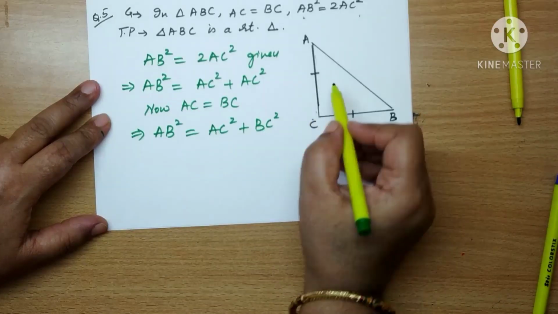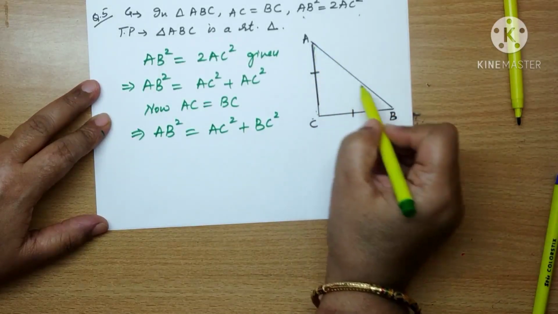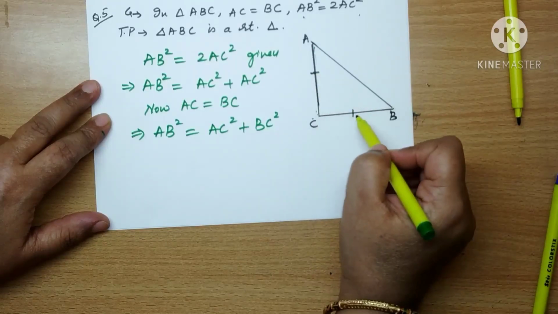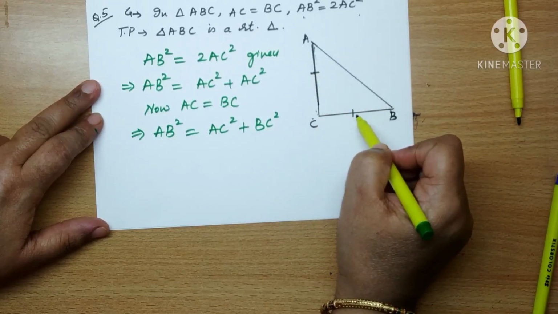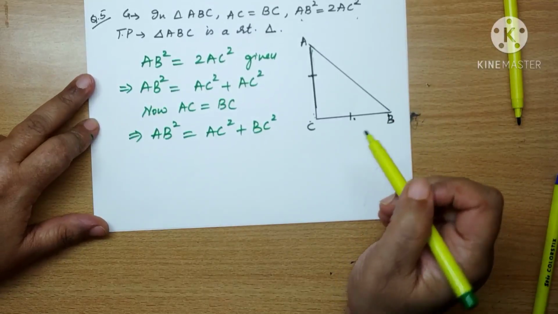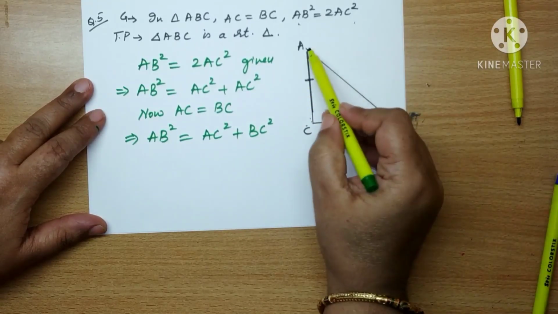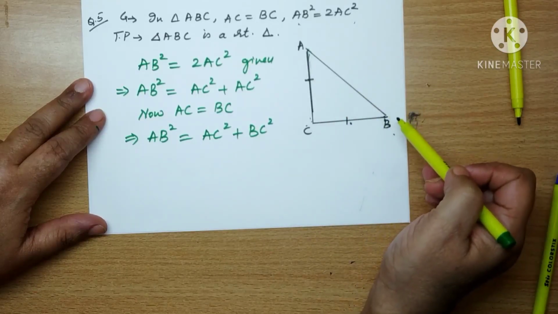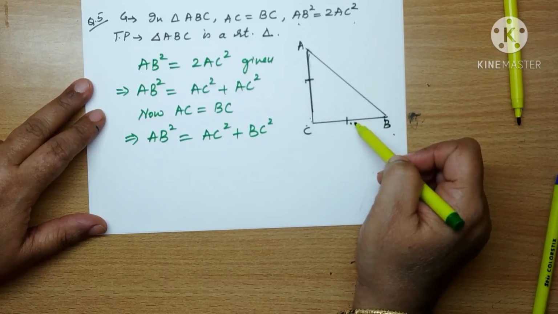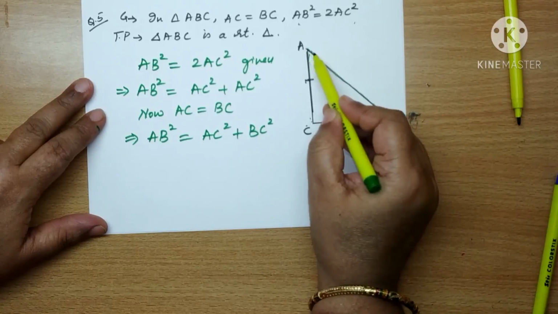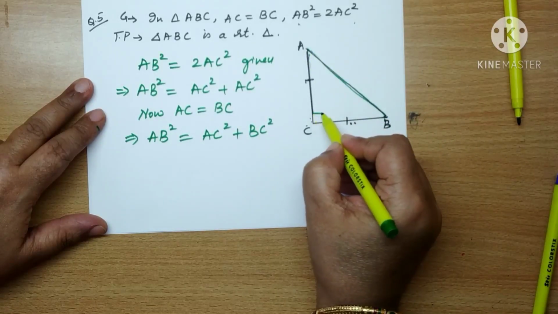Right? Therefore, in a triangle, I have one side whose square is equal to the sum of the squares of the other two sides. Remember the statement of the converse of Pythagoras theorem that says in a triangle, if the square of one side is equal to the sum of the squares of the other two sides, then the angle opposite to the first side is 90. This was the first side. Angle opposite to this is this angle.